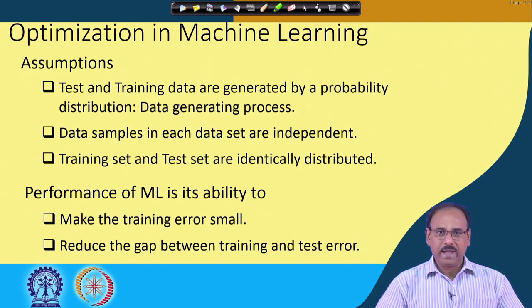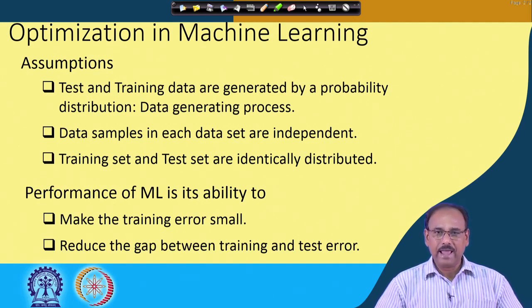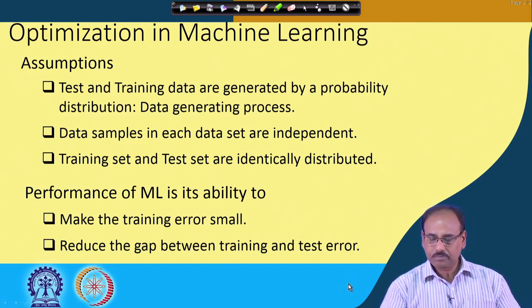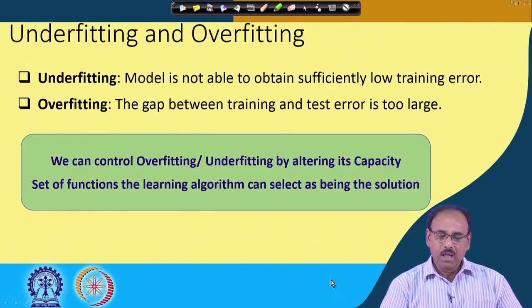So, we always expect that whatever the training error is, the test error should also be similar. That means the gap between the training error and the test error should be as small as possible. So, these are certain assumptions, and under those assumptions we talk about how the machine learning algorithm actually performs.